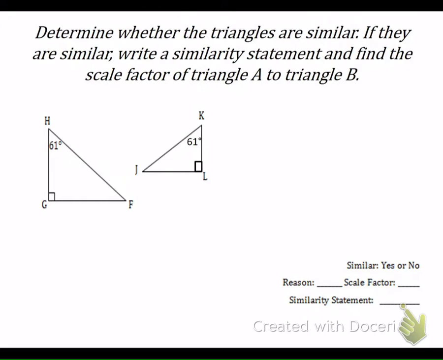AA, right? 2 of the angles are congruent from one triangle to the next. So these are similar. Yes. The reason, AA. Just like on the last one, these triangles aren't labeled, and we actually don't know anything about the side lengths, so the scale factor isn't happening here. But you can do a similarity statement.